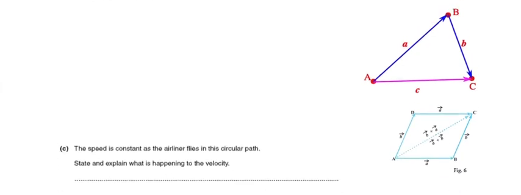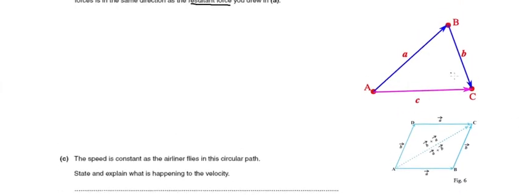For that, we can use either the triangle law or the parallelogram law. Here you can see this is the triangle law of vector addition, and this one is called the parallelogram law of vector addition.